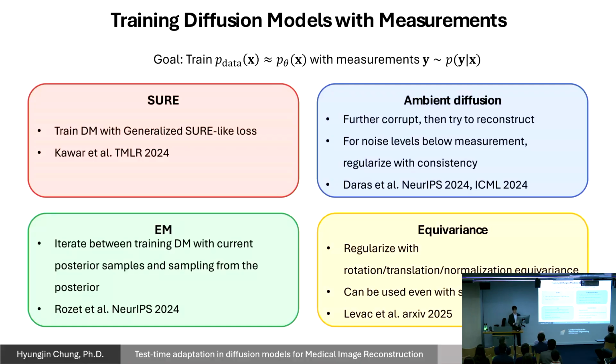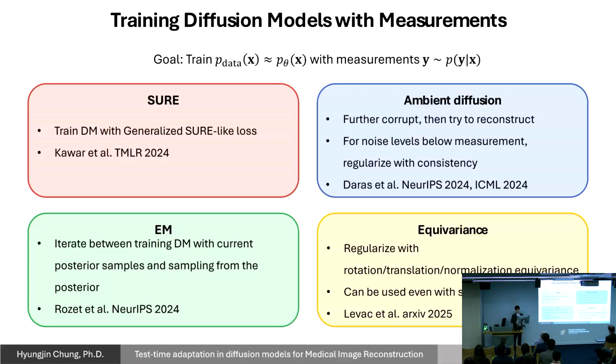And now there's another group that proposes some equivariance regularization, such that even if you have measurements acquired from a single system matrix A, you can try to train a good diffusion model from only the measurements. But I want to note that DDIP or SCD are quite different from what these methods are proposing. These methods propose a way to train a good general prior from the measurement data.